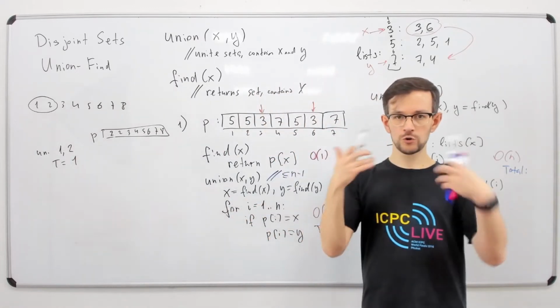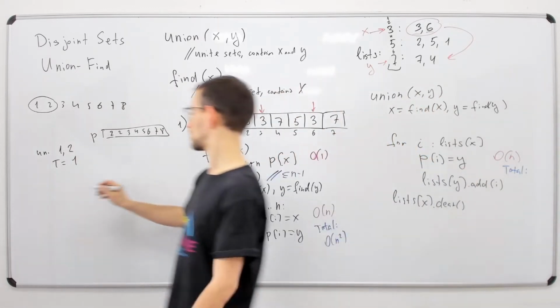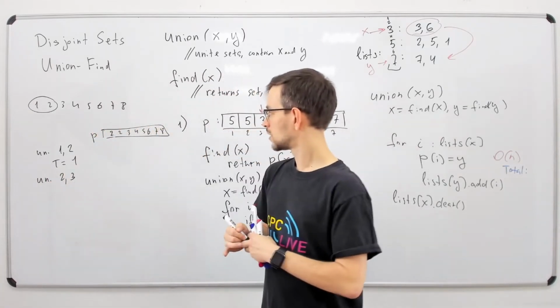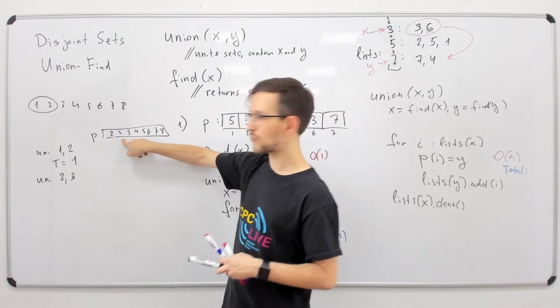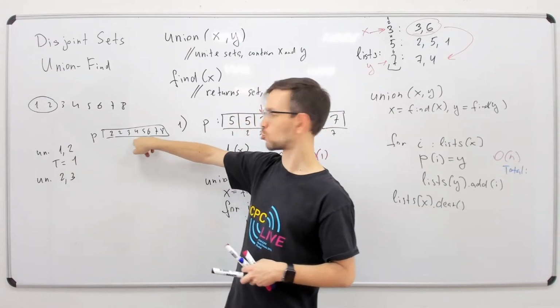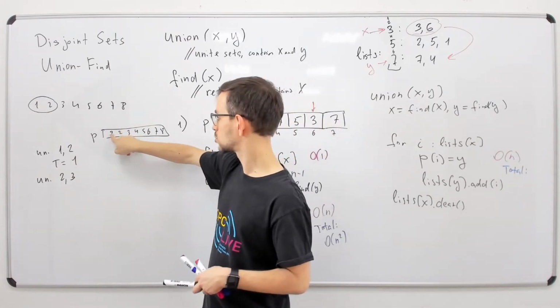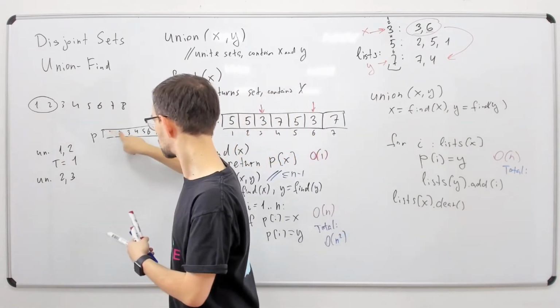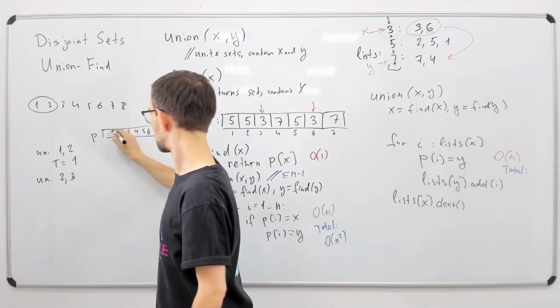And now you call union for elements 2 and 3, for example. So you need to change the representative elements from 2 to 3. So you change these 2s into 3s, the 1 and 2 become 3 and 3.